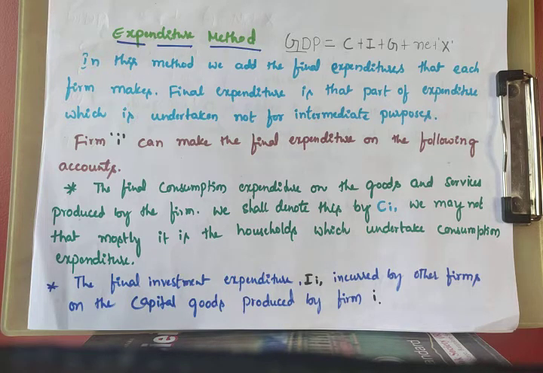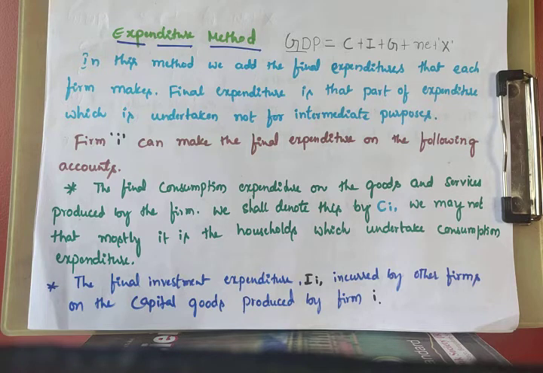In the previous method, under the product method, we calculated only the final goods produced by all the firms and we ignored the intermediate goods. For example, the farmers and bakers under the product method. The farmers produced wheat worth rupees 50 without using any inputs except human labor.